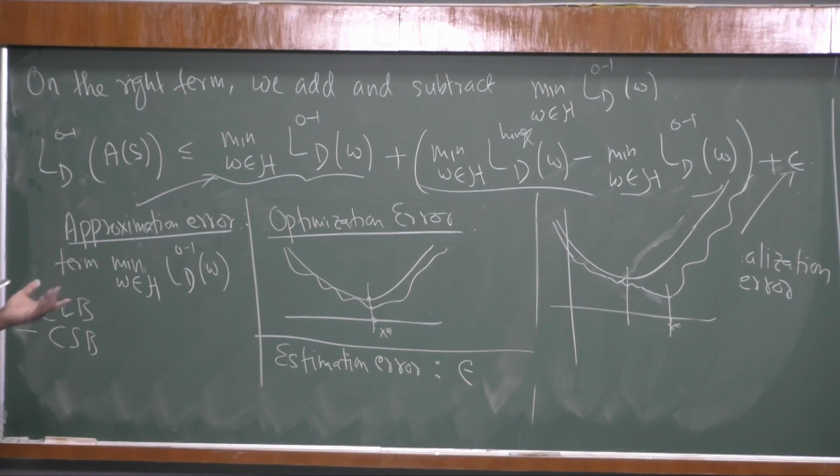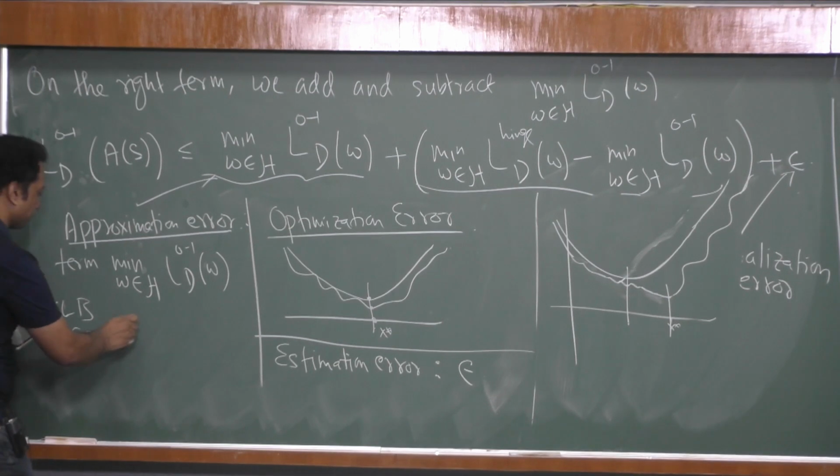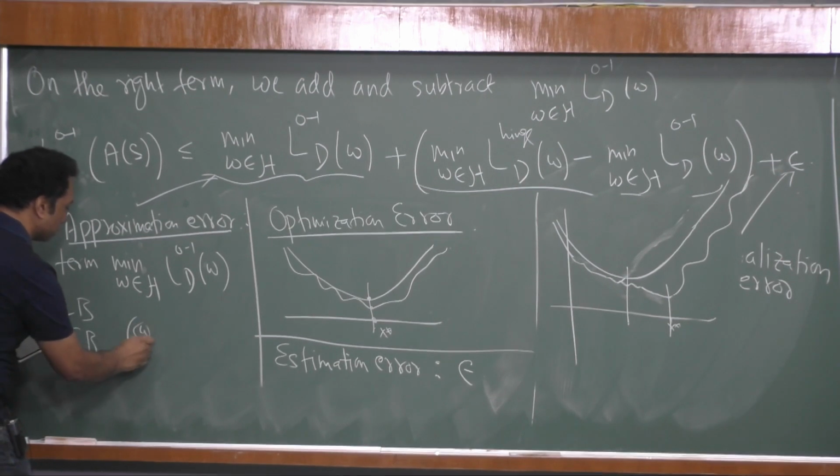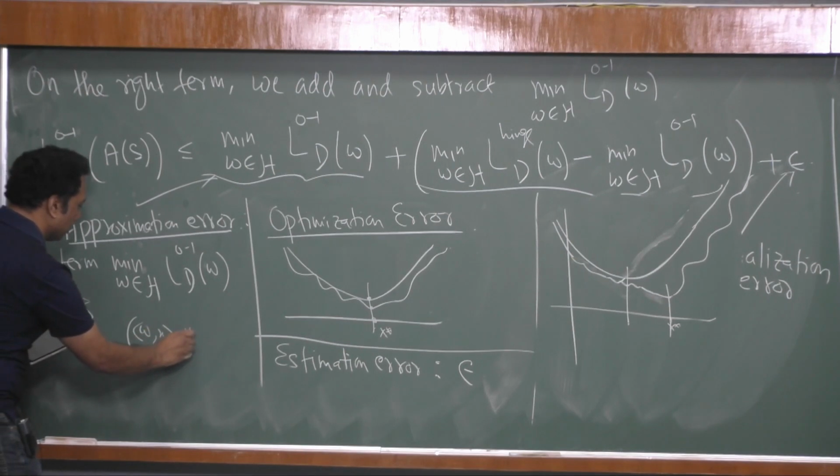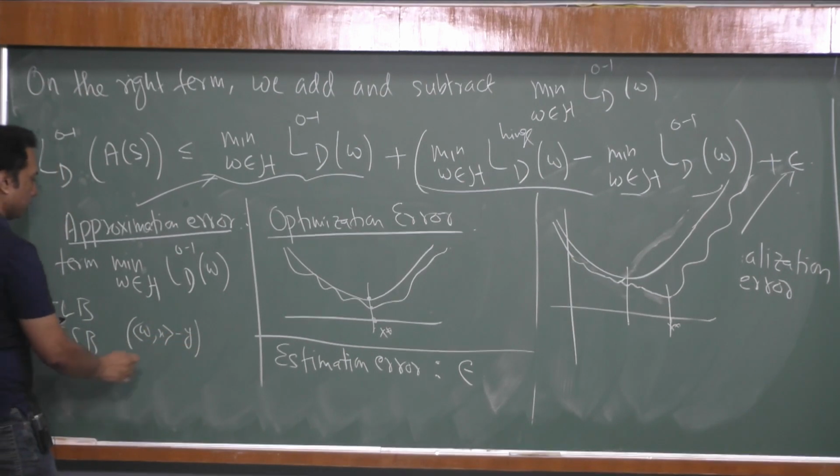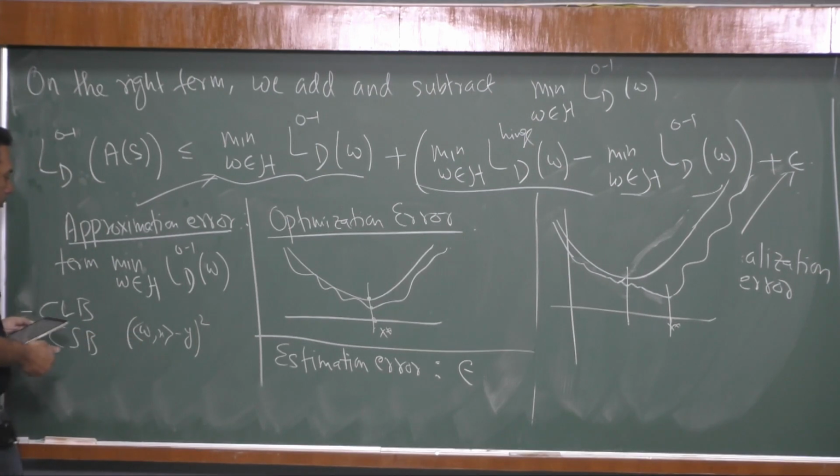We saw in the previous class that the regression problem is a convex learning problem, but it does not belong to any of these classes. So for linear regression, W transpose X minus Y is our loss, with squared loss. We have seen in the last class that it's not learnable.